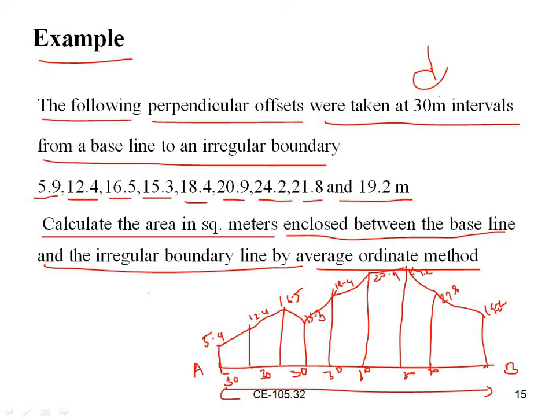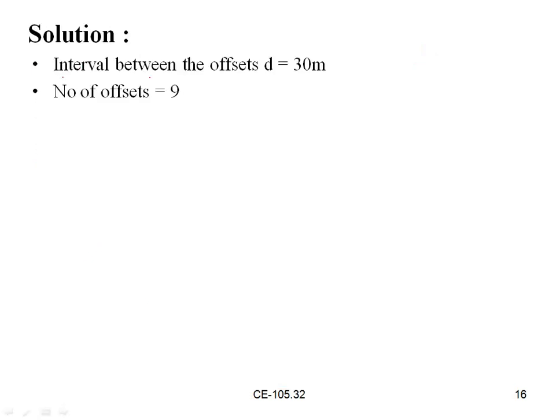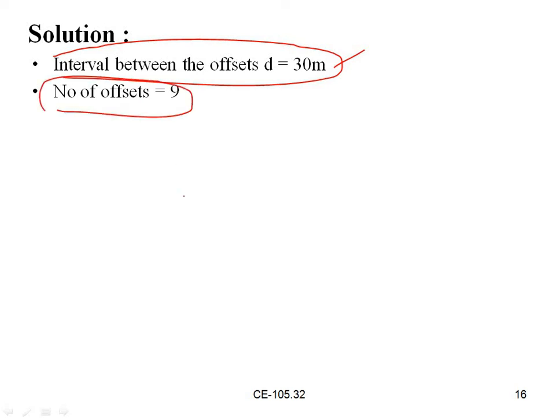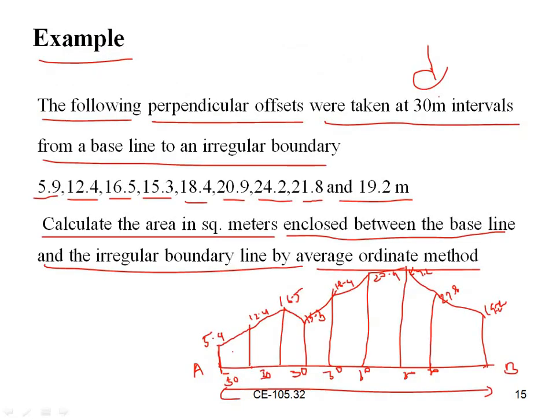So now let us see first one thing, that is interval between the offsets d is equal to 30 meters. Okay, so number of offsets, how many are we getting? 9. So let us count here how many are there. 1 2 3 4 5 6 7 8, but we are getting 9 offsets.